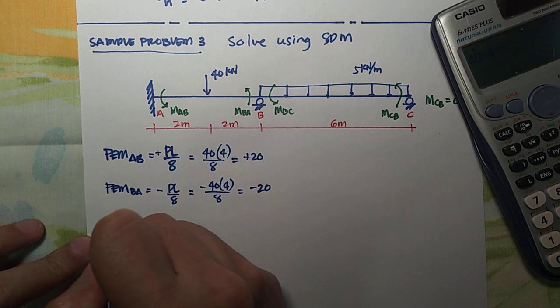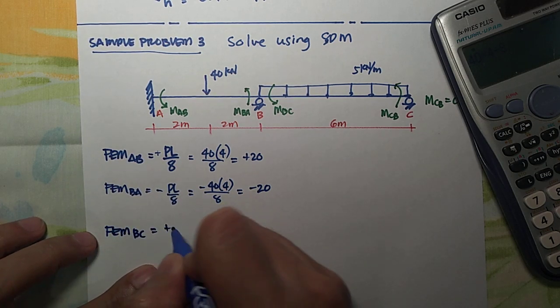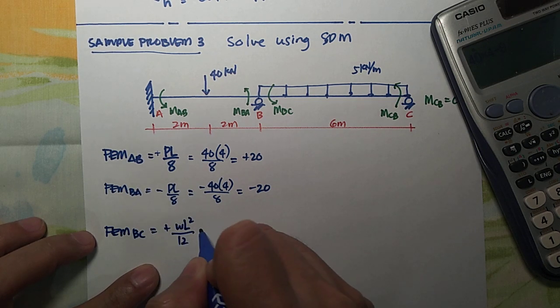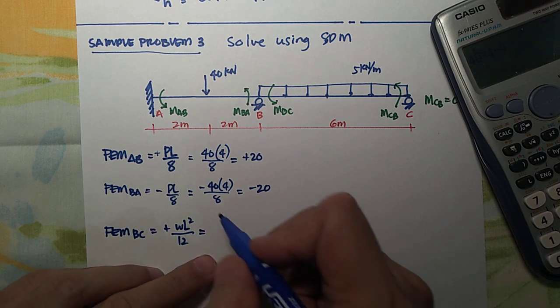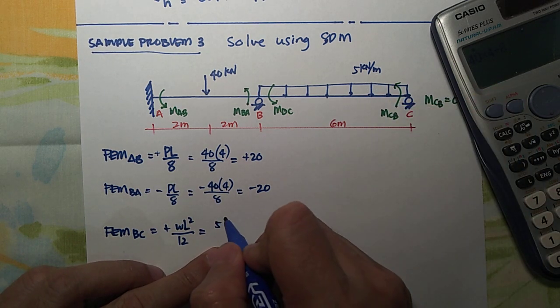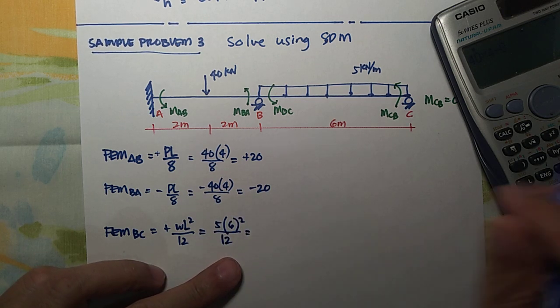Now, what about the fixed end moment on member or segment BC? So FEM on BC is equal to positive WL square over 12, as we have derived before. W is 5 kilonewton per meter. The length is 6 meters. Square over 12.